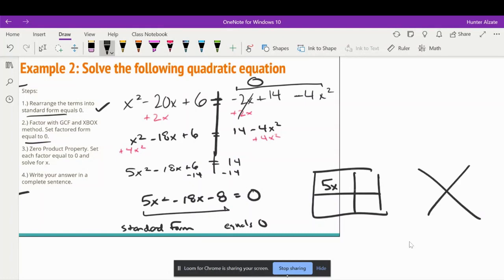So 5x squared, negative 8, that's negative 40x squared, negative 18x, I think it's going to be negative 20x, and positive 2x. I think that'll do the trick. And then I'm just going to do the GCF. Again, kind of pause the video and try to finish it on your own.